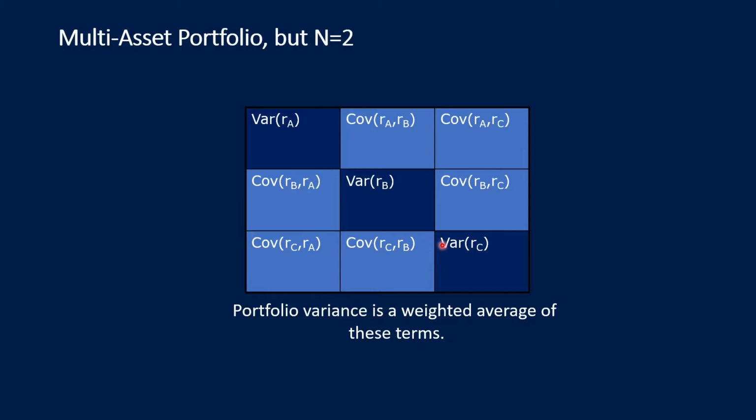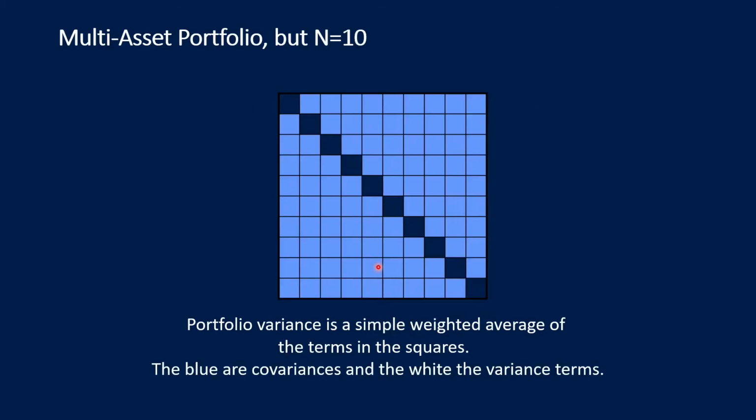If we now extend this to 3 stocks, of course we have the variances on the main diagonal here, and we have all the covariances in all other cells of this matrix. And if we now further increase, this is n is 10, again with covariances being light green, and the variances on the main diagonal being dark blue.